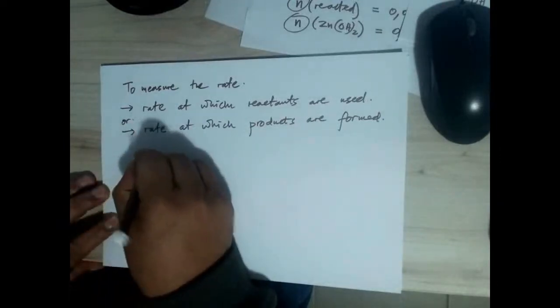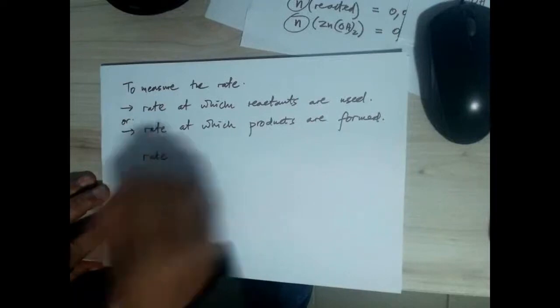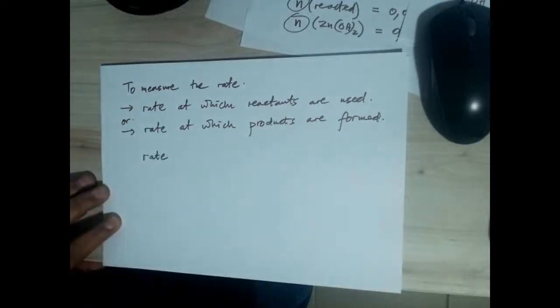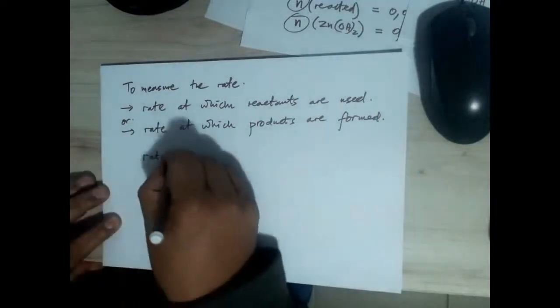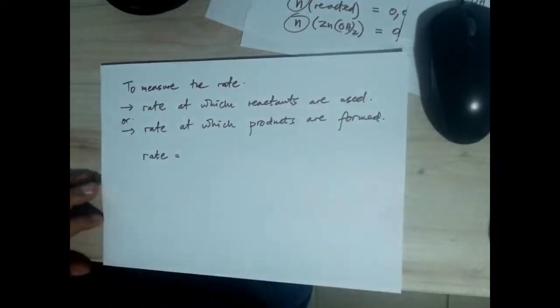So in this case, our rate of reaction is, and we look at the start, I had 2 grams of antacid, and the antacid is the calcium carbonate in antacid tablets.